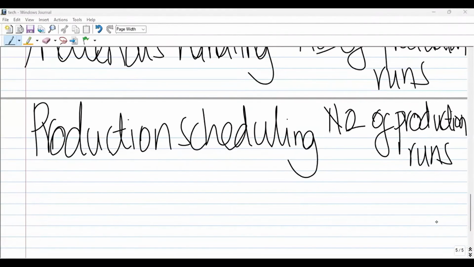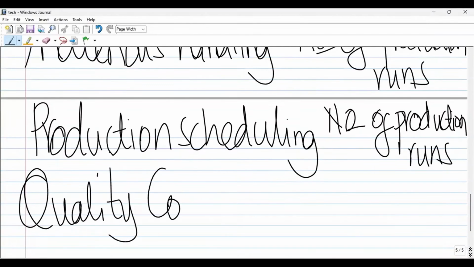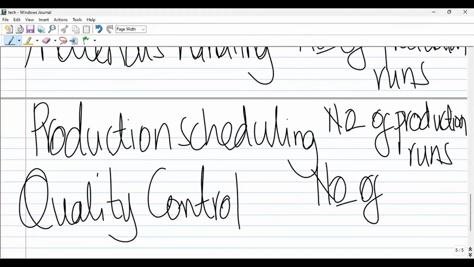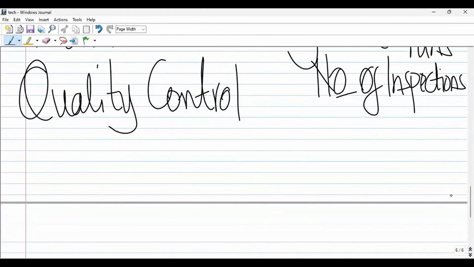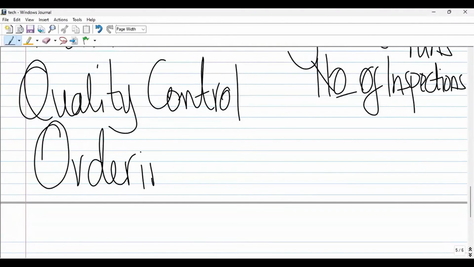Four, quality control: number of inspections. Next, we have ordering: number of orders.